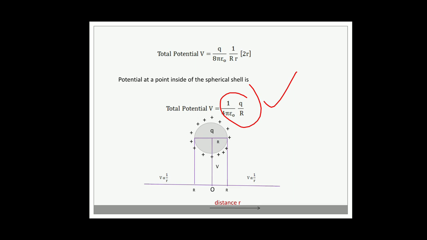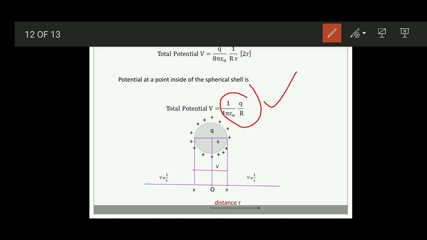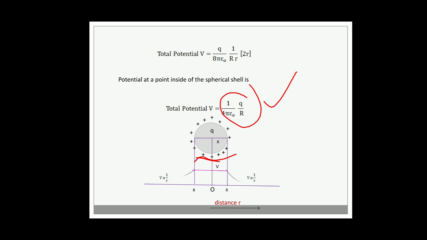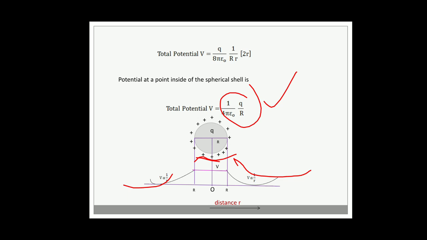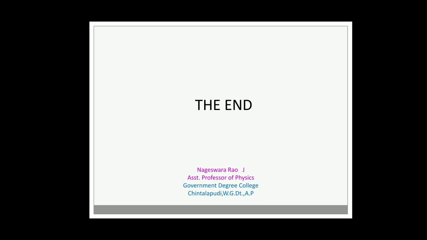This is the spherical shell having radius capital R. Inside of the spherical shell, the potential remains constant and does not change. And outside, as the distance r increases, the potential decreases like this. So this is the analysis of the electric potential due to the charged spherical shell or spherical conductor. Thank you.